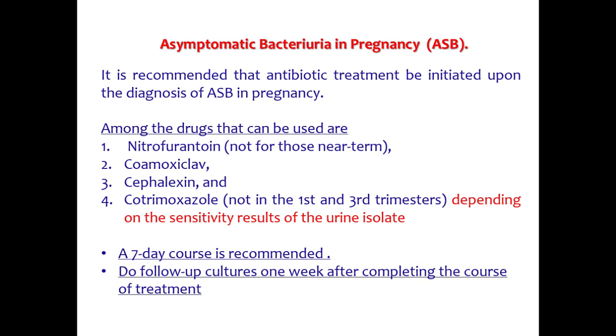We may start with nitrofurantoin, but not for those near term because it is a hazard to the fetus, and we may use amoxiclav, co-amoxiclav, cephalosporin, and cotrimoxazole. Cotrimoxazole is not used in the first or the second trimester.